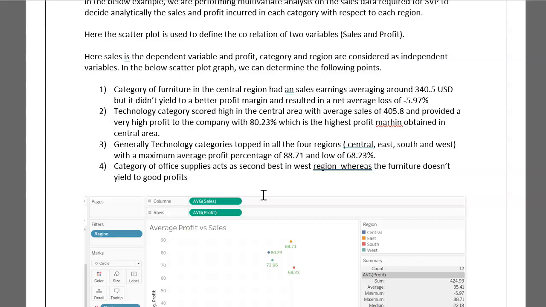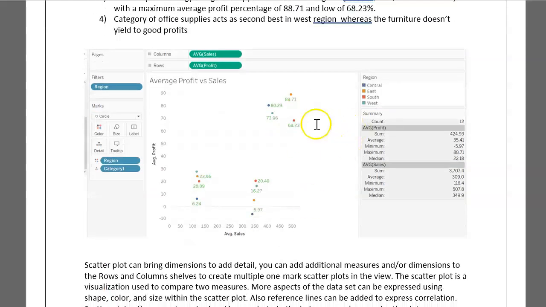On the other hand, we see a very high profit for all the technology areas, especially on the east coast, where the profit margin is around 80.23. The next would be office supplies.